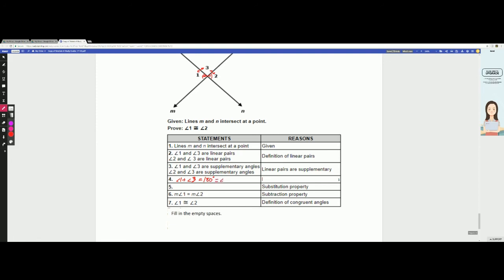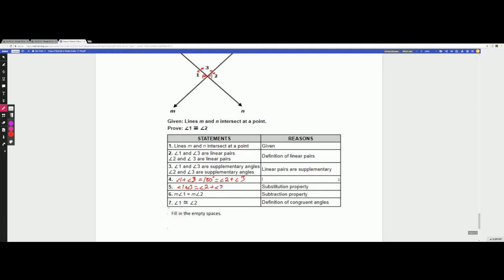And lo and behold, angle 2 plus angle 3 also add up to 180. Therefore, they equal each other. So angle 1 plus angle 3 equals angle 2 plus angle 3.